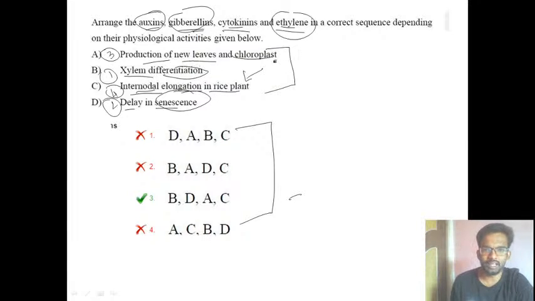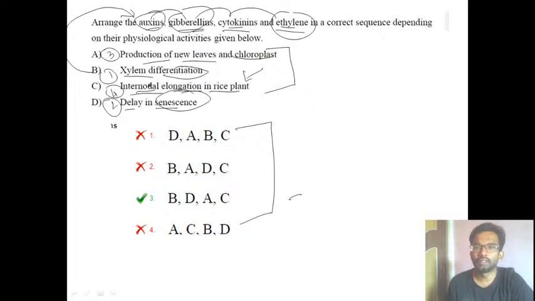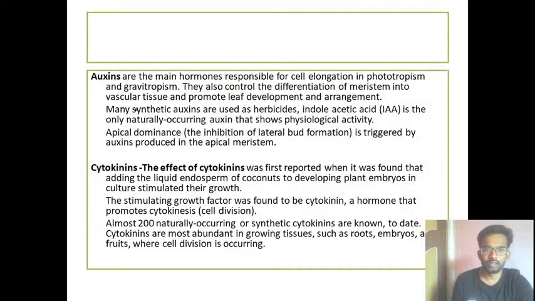So these many activities are connected with auxin, gibberellin, cytokinin and ethylene. We have to mention this is a characteristic of auxin. Second one, delay in senescence is a characteristic of gibberellin. That is C, D option. Gibberellin delays senescence. Okay, got it.